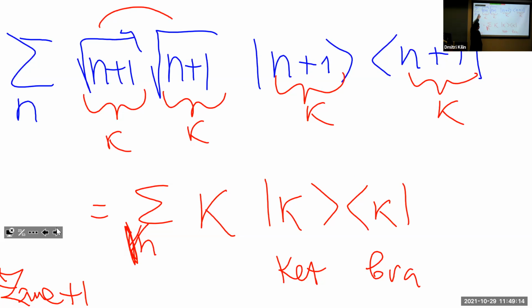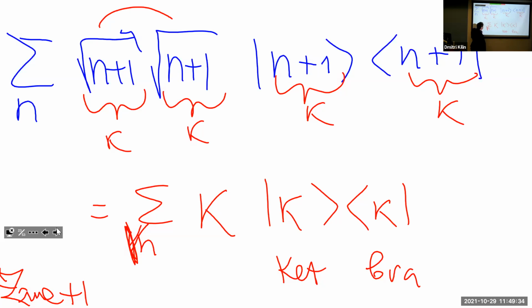And as a result, we do have summation over n only. Here we have ket and bra, both of which are n plus 1, right? And here we have factors. Also, because of substitution, it will be square root of n plus 1, square root of n plus 1. Square root times square root will be just the stuff inside.